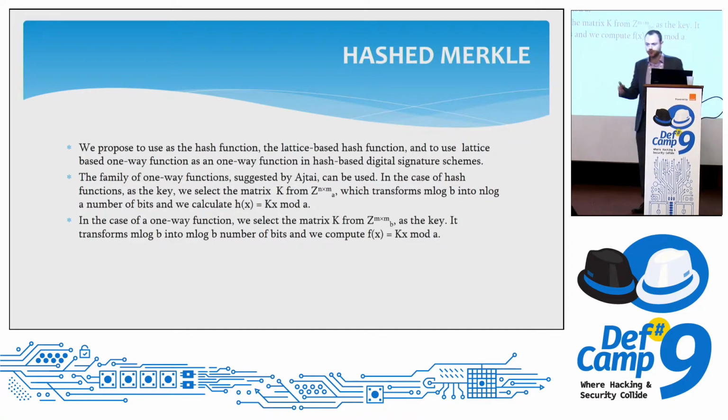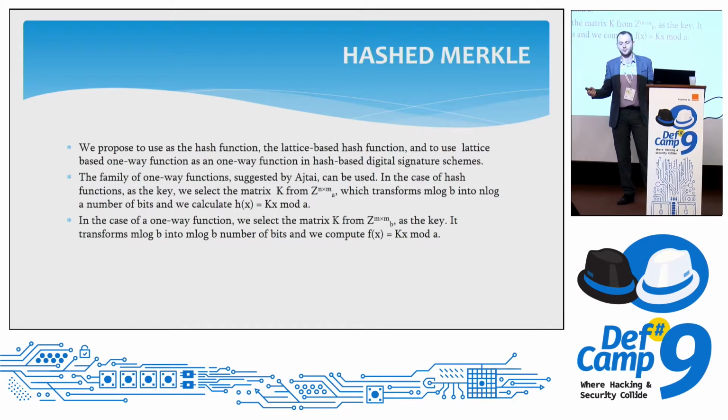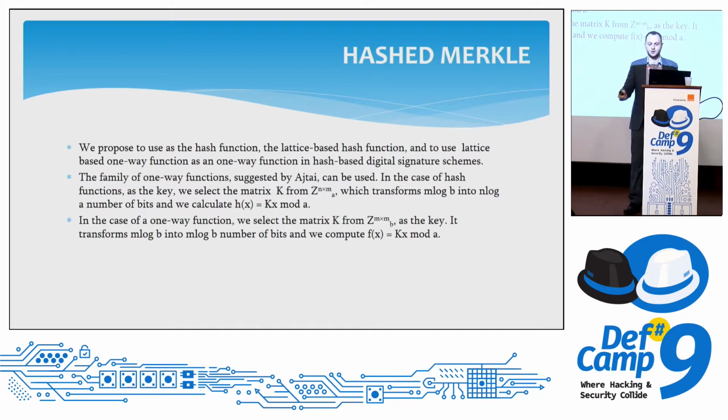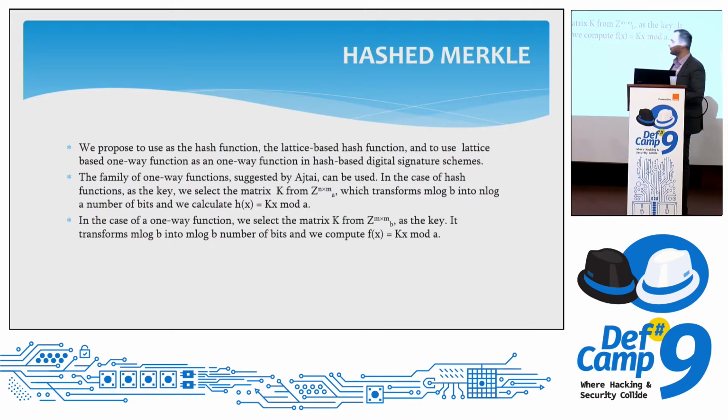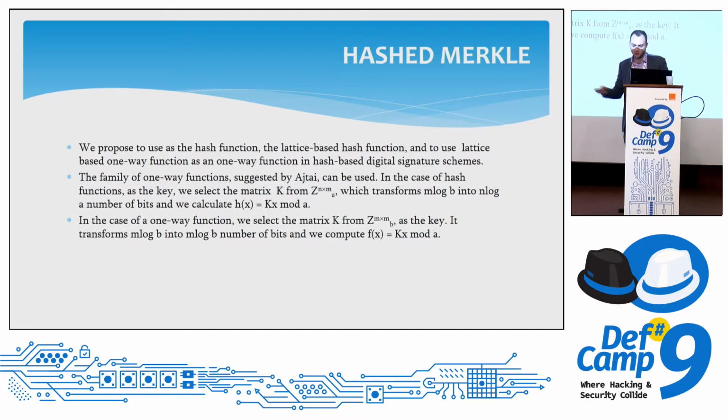So concretely, we propose to use this construction in our Merkle scheme. We propose to use it as the one-way function and the hash function. For the hash function, we take the key from Z_q^(n×m), and it transforms m log d to n log q bits, and afterwards we calculate it like this.